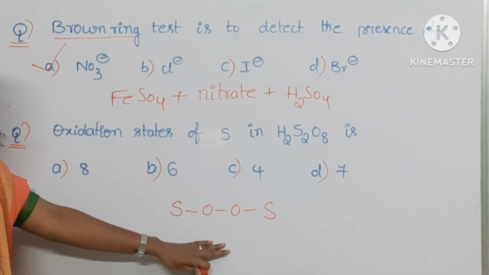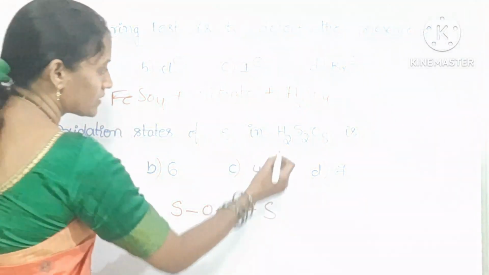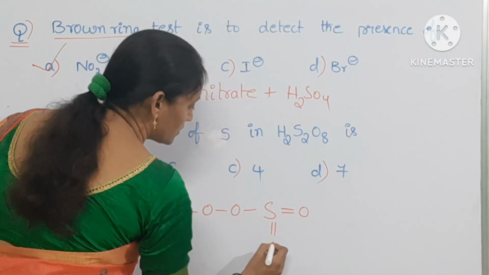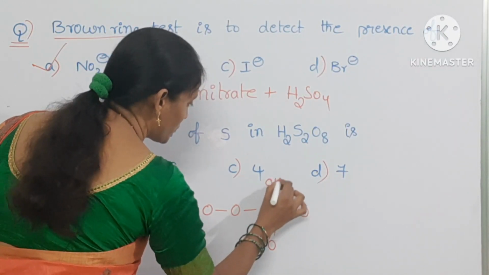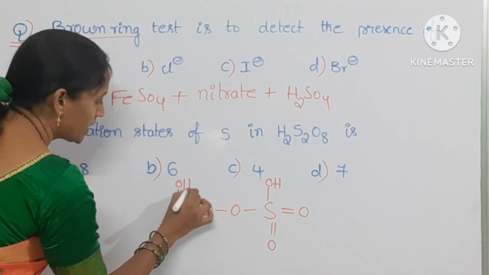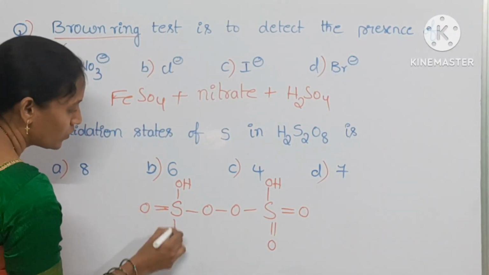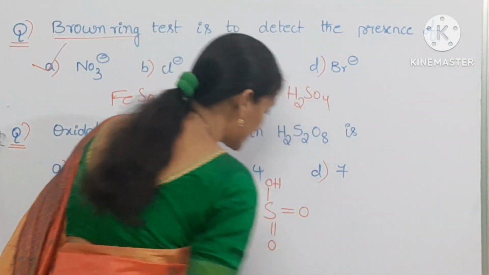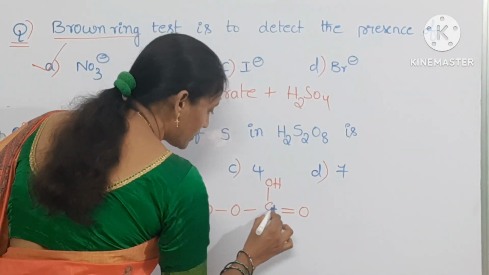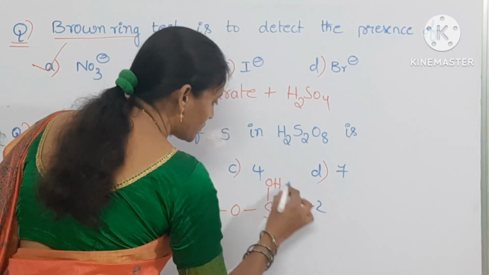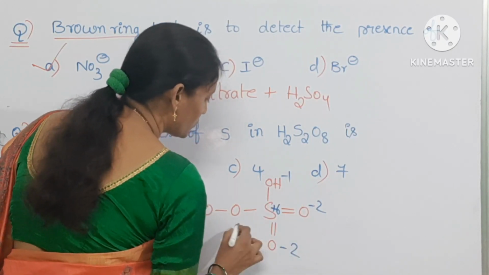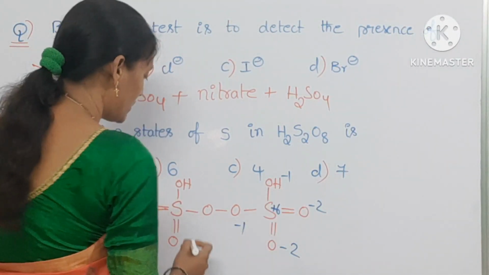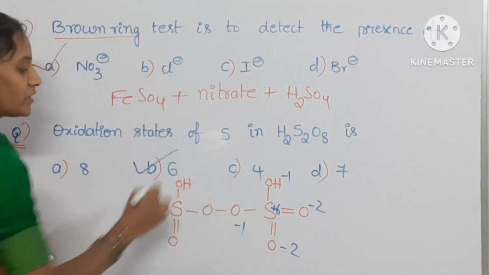Two oxygens are completed, then S double bond O, double bond O, here one OH; here also one OH, double bond O, double bond O. What is the oxidation state of sulfur here? Plus 6. How can you identify plus 6? Because the oxygens are minus 2, minus 1, minus 2, and this is also minus 1, so you can calculate 4, 6. That is the reason for your option.